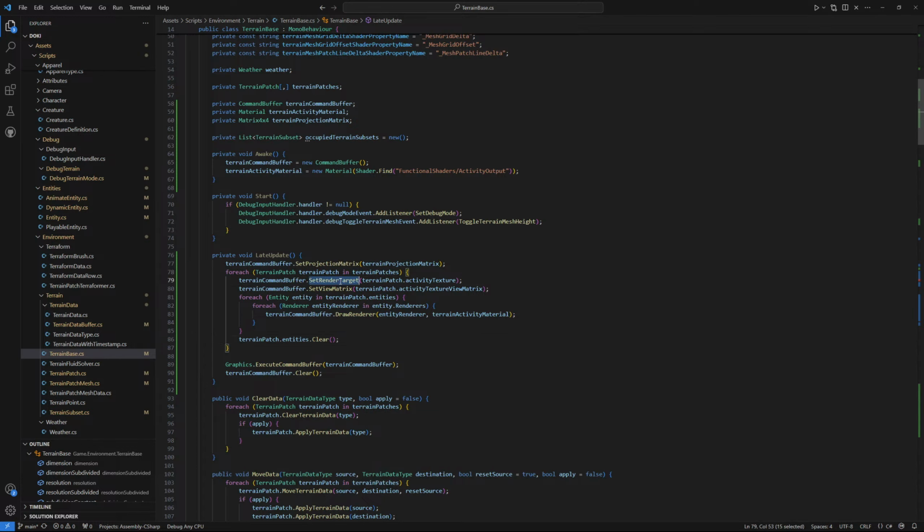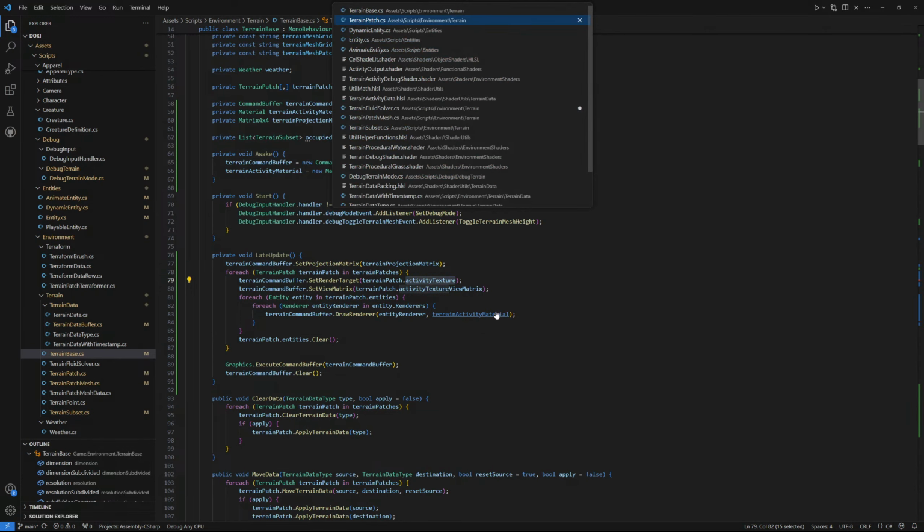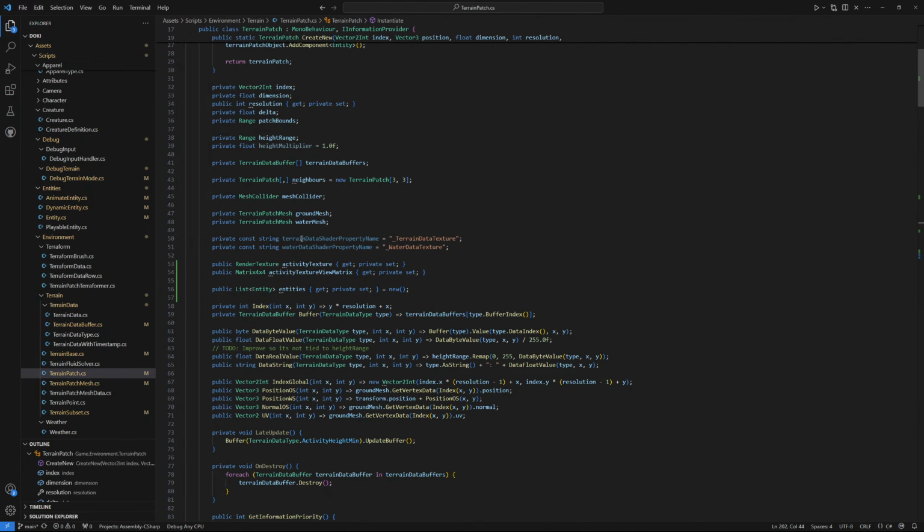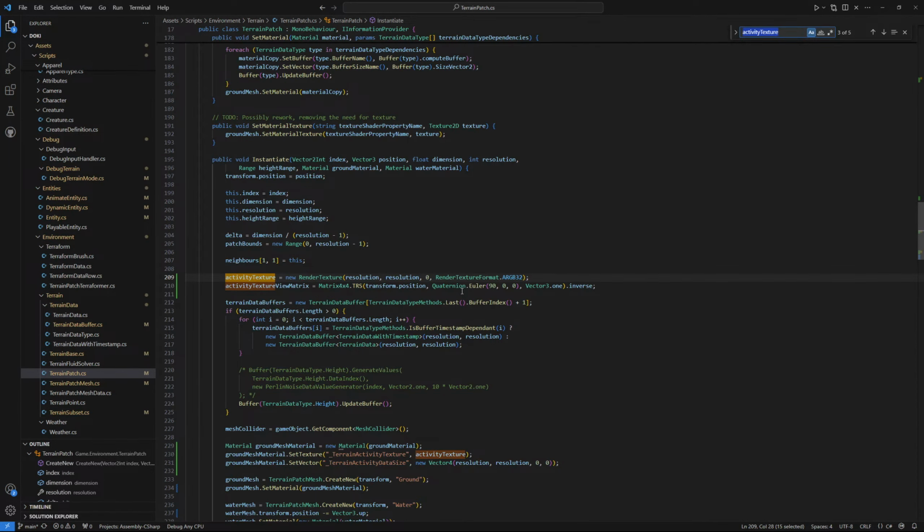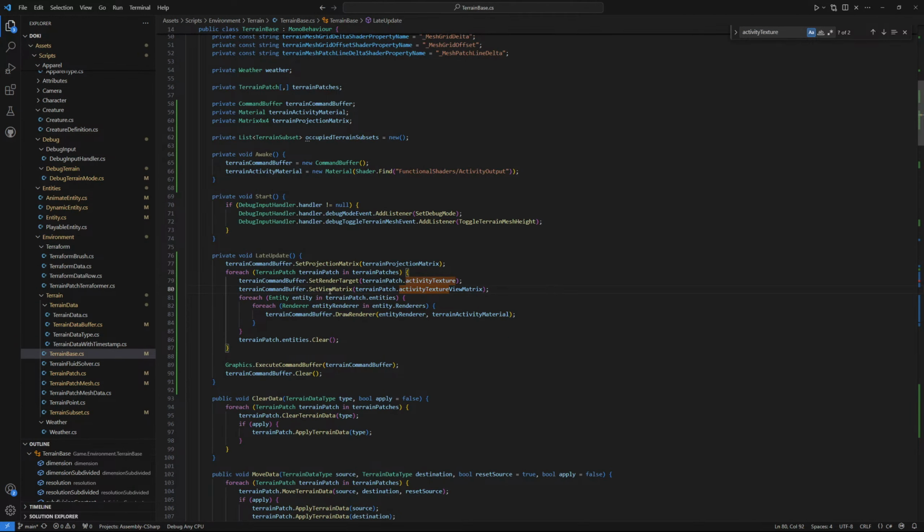Terrain command buffer, set render target terrain patch activity texture. Activity texture, and we set this one here. Resolution. And then we set view matrix.